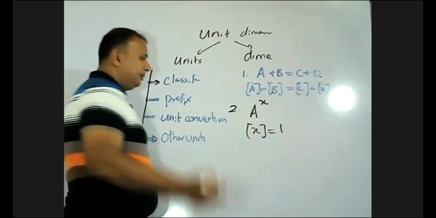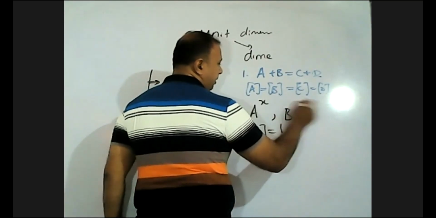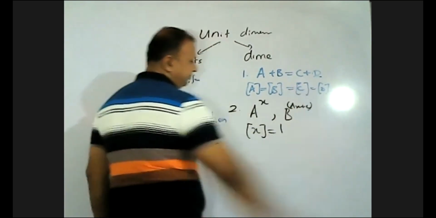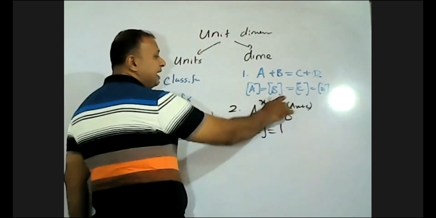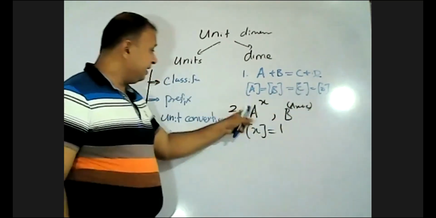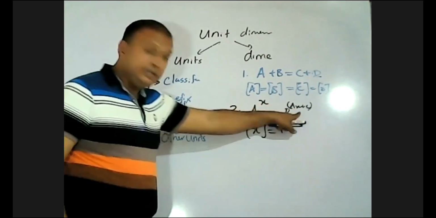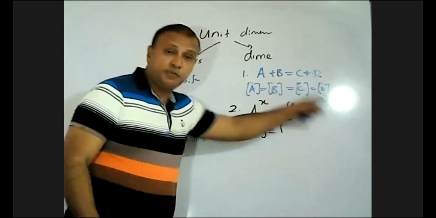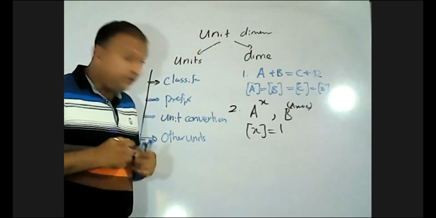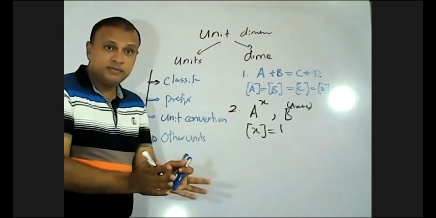Something like this: b to the power ax plus c. Now there is an expression in here, not just one unknown. The entire expression is a power. So if there is an expression as a power, the total expression should be a number.